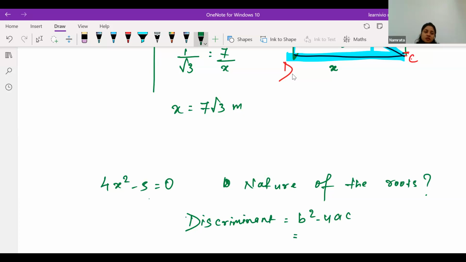B is not there. It's 0, right? So b value will be 0. What are a and c?